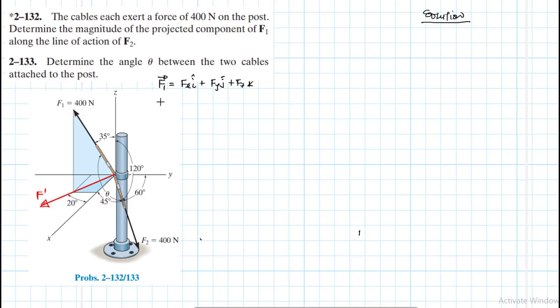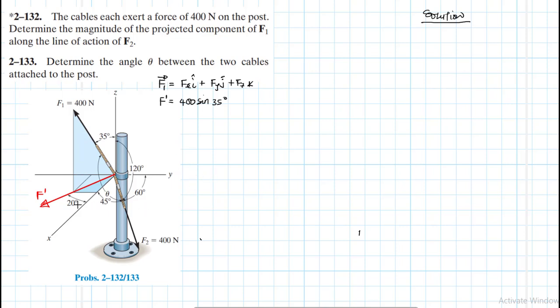This F prime is equal to F, which is 400 itself, sine 35. We are mapping it there using simple trigonometry.